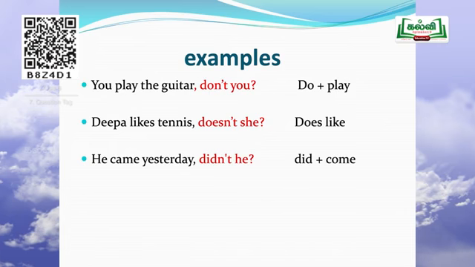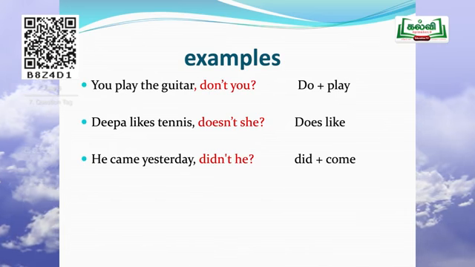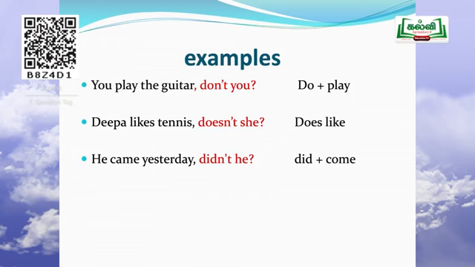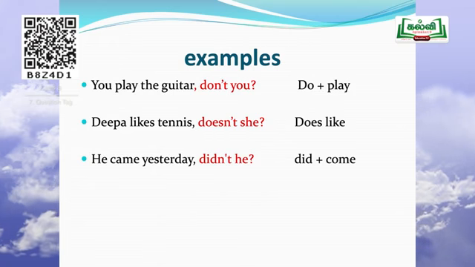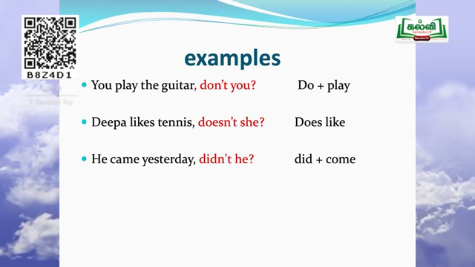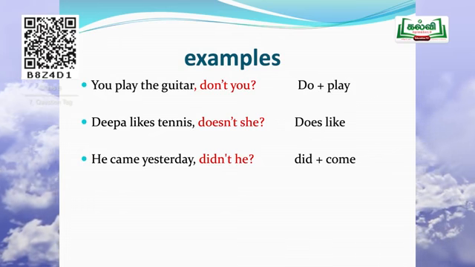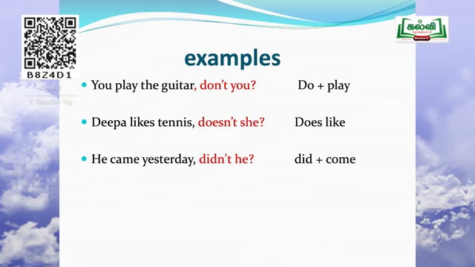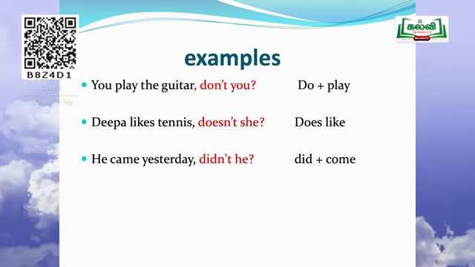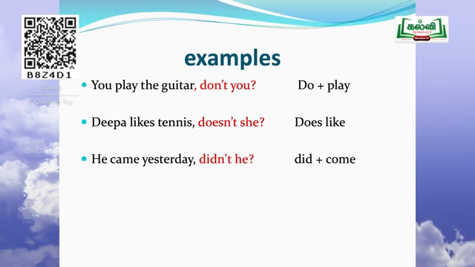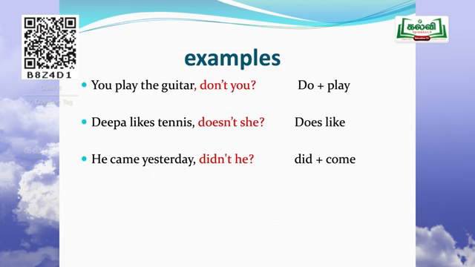"Deepa likes tennis" is a positive statement, so we add not to the auxiliary verb: does plus not, doesn't. Then we have to pick the right subject pronoun. Deepa is a noun, so we convert it to a pronoun, she. So the final result is "doesn't she."